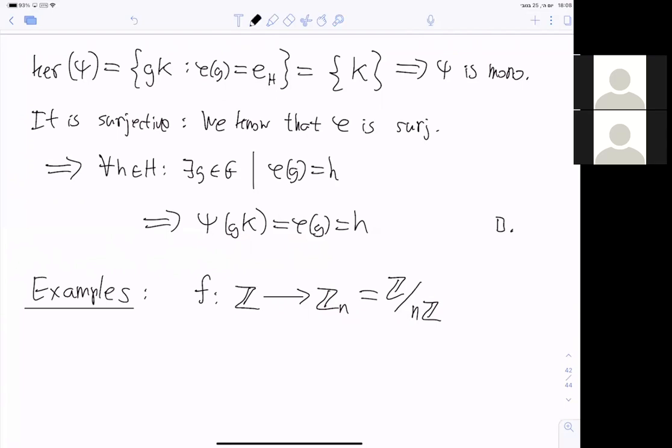Okay, so what is the f here? You take an integer element m and it goes to m plus nZ, this coset. So what will be the kernel of this f?